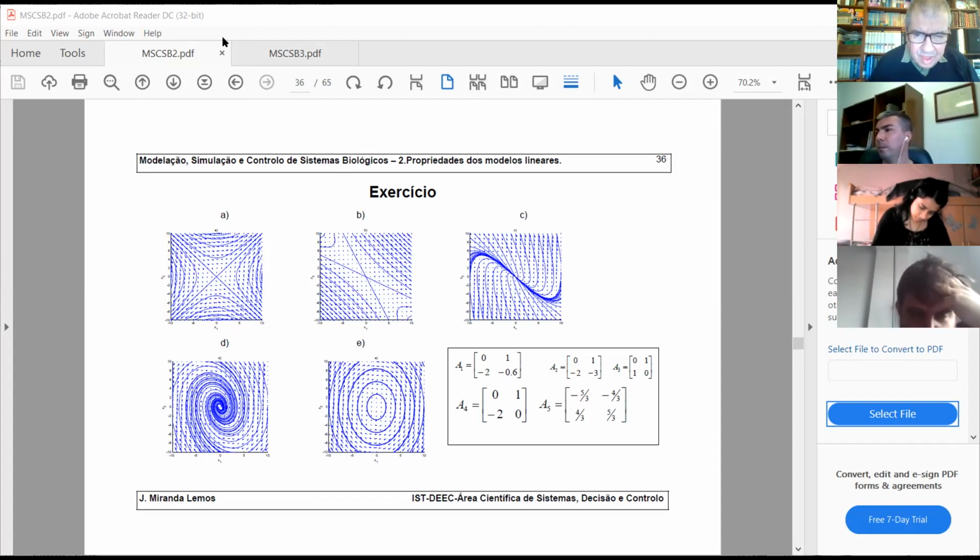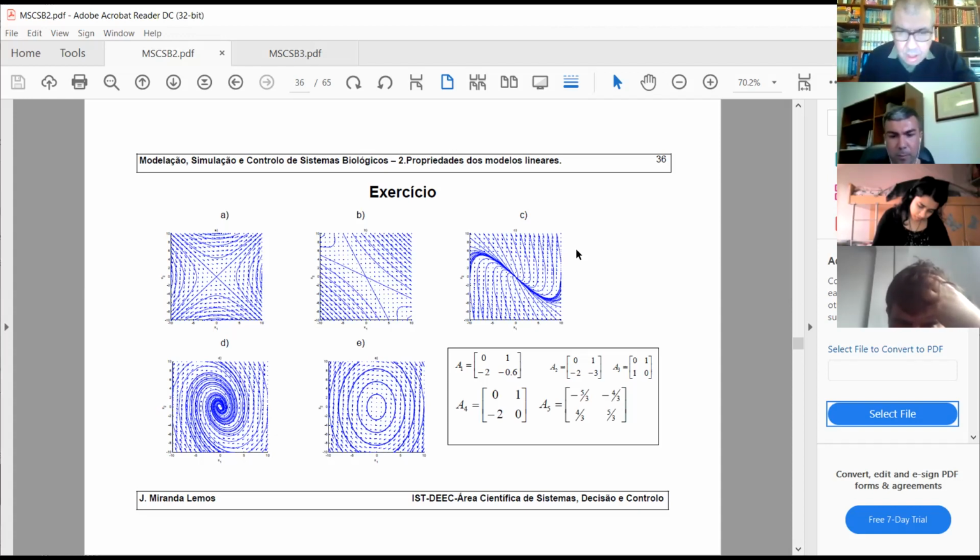Okay. From the first matrix? Just a moment. I have just sent it to you. Okay, from the first matrix. So the matrix A, the first matrix top left, the eigenvalues are minus 0.3 plus 1.38 i, and minus 0.3 minus 1.38 i.